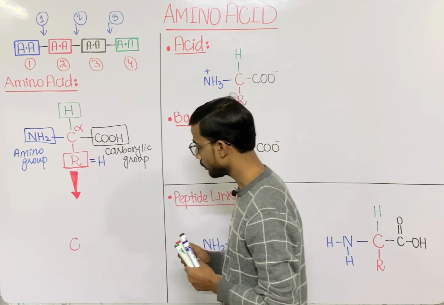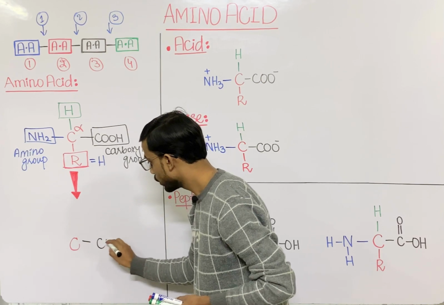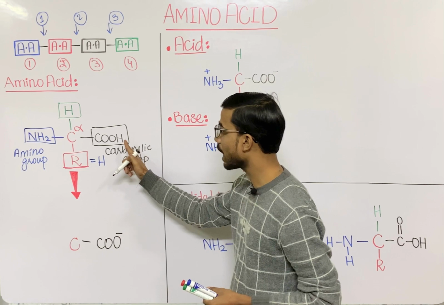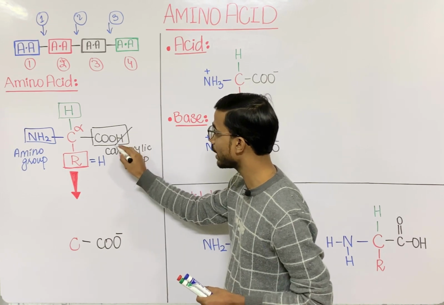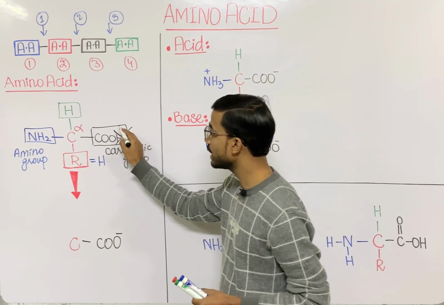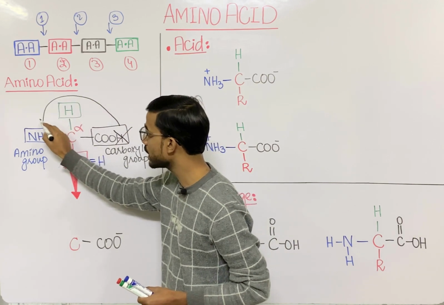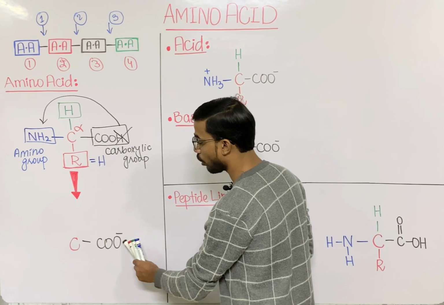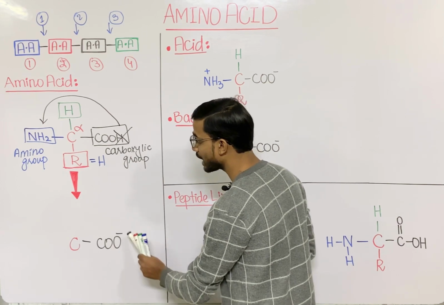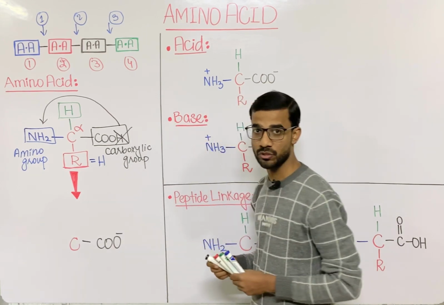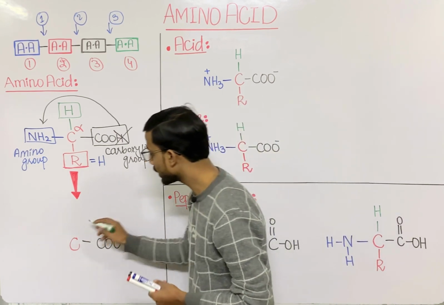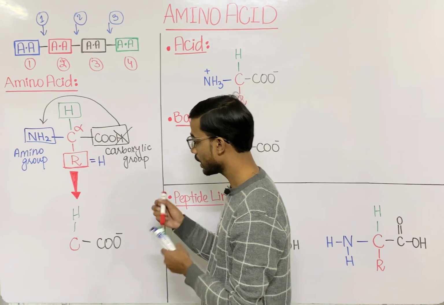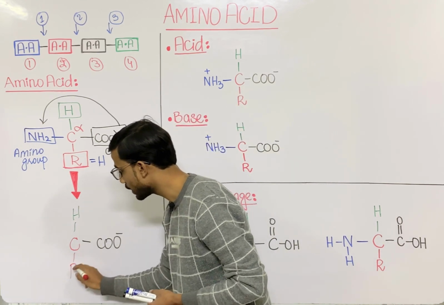At the carboxylate group, one hydrogen will be removed, and this hydrogen will go towards the amino group. With the loss of one hydrogen, the carboxylic group will carry a negative charge. The hydrogen and the R group will remain the same in the amino acid.